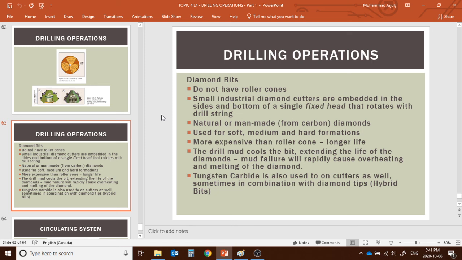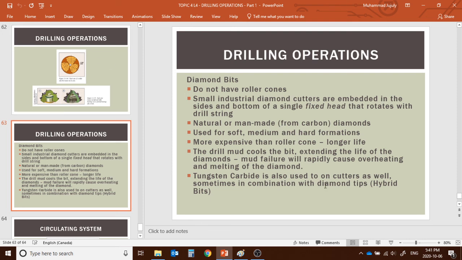It is used for soft, medium, and hard formations. It is a little more expensive than roller cones, but it has a longer life. And the drilling mud cools it down a little.